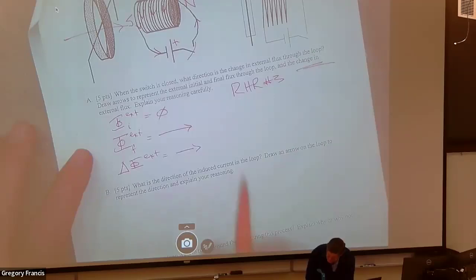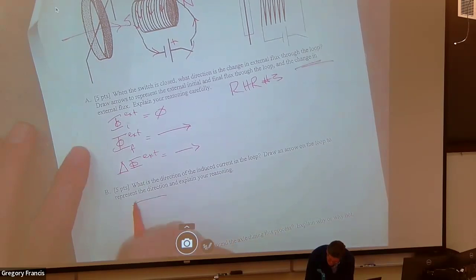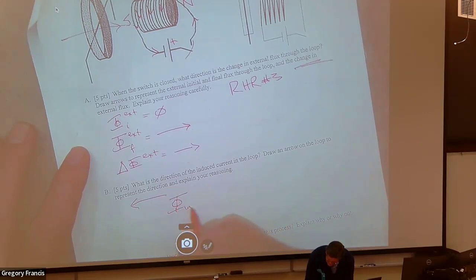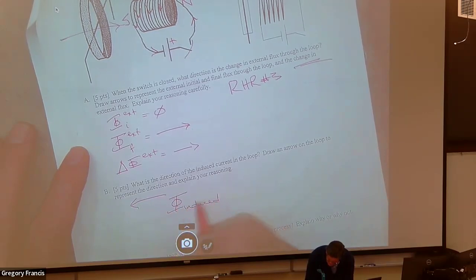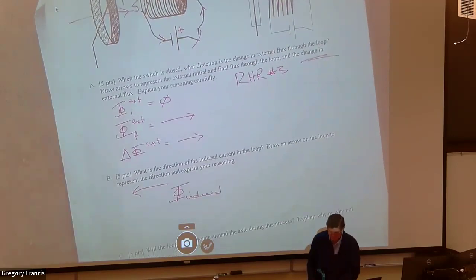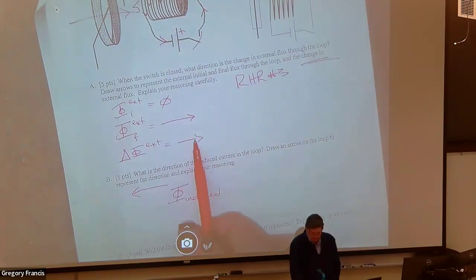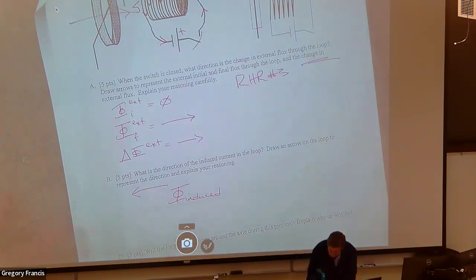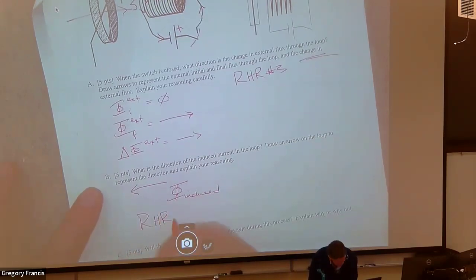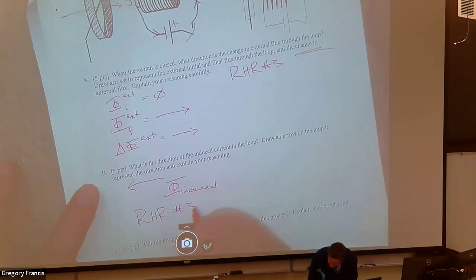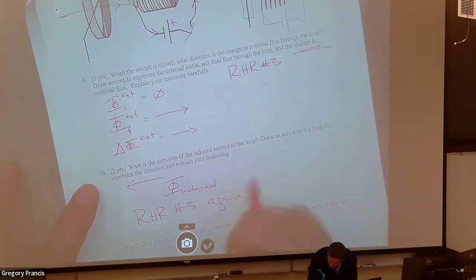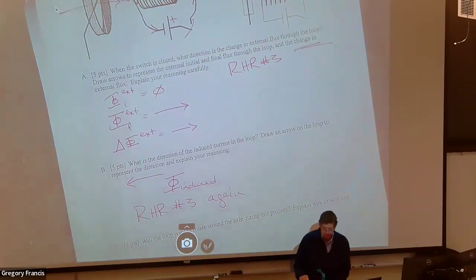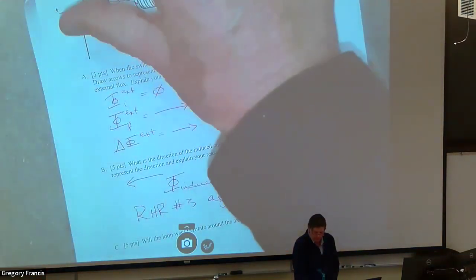So the direction of the induced current in the loop, well, I have to first of all say that the induced flux, and by that I just mean the induced field lines, have to fight the change. So if the change is to the right, the induced flux is to the left. And now I use right hand rule number 3 again. How do I get field lines to go to the left through that loop?